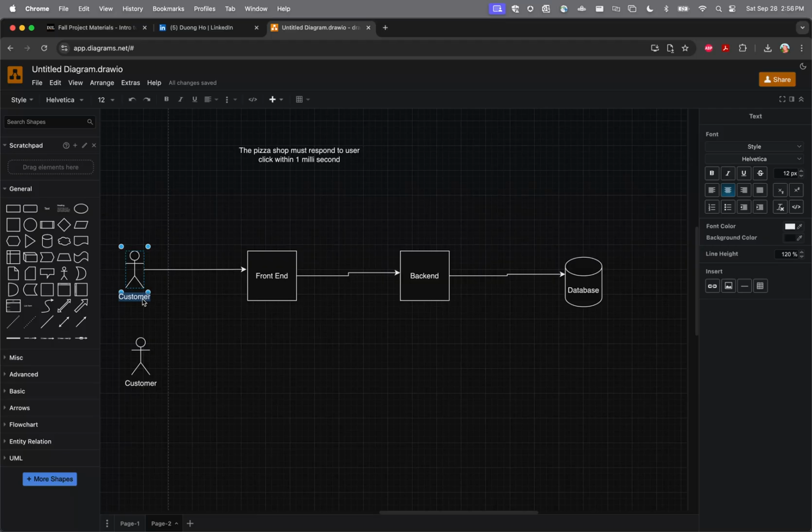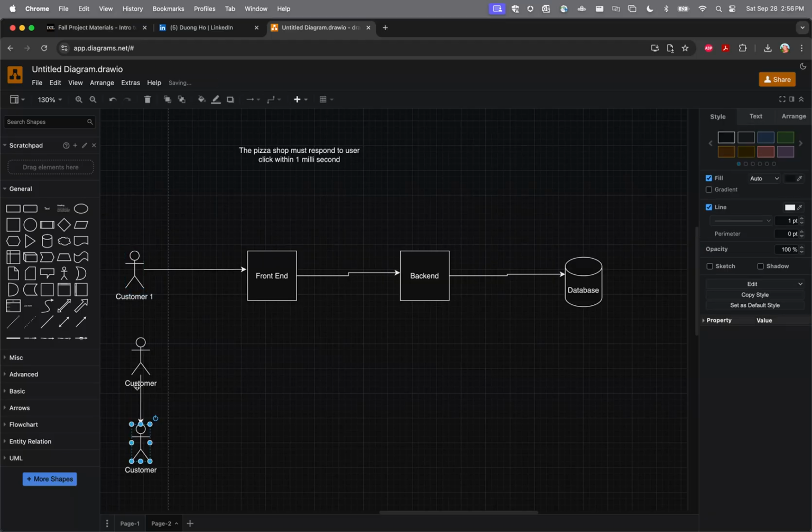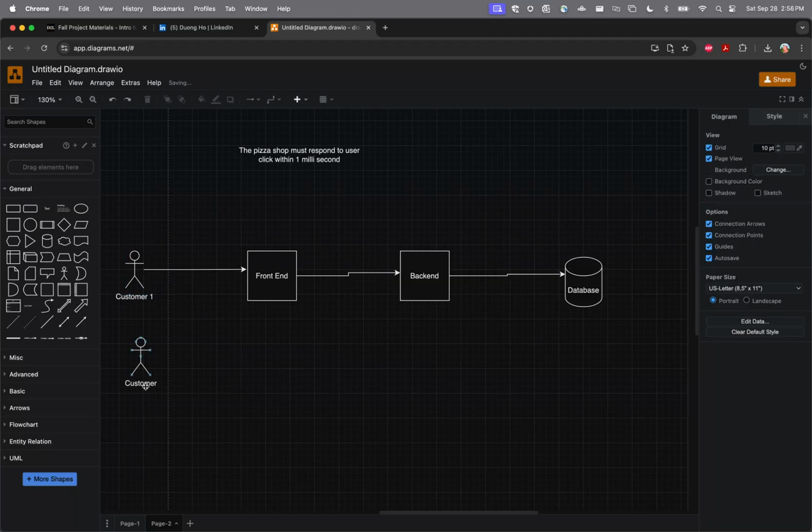Customer number one, customer number two, customer number three, and so on. Now because all three of them are using the system at the same time, arguably it will be slow for some people.